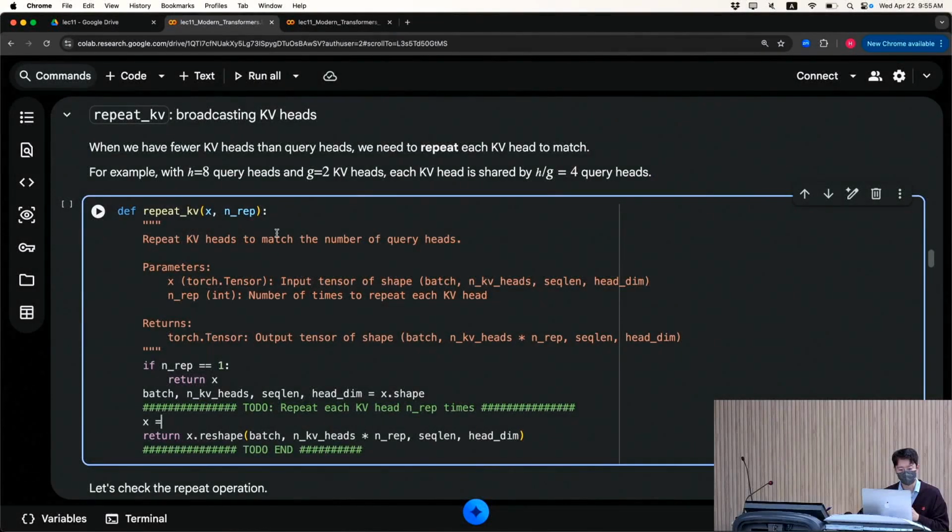We're going to have this helper function where you take a tensor X of shape batch size, number of KV heads, sequence length, and head dimension. And n_rep is the number of repetitions, the number of times to repeat each KV head. If the repetition is 1, then you don't need to do anything. Else, you need to do something here and reshape the output.